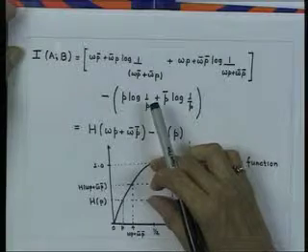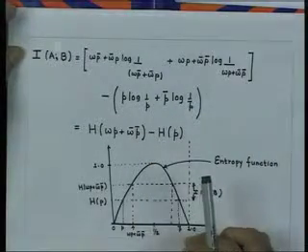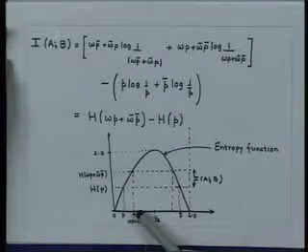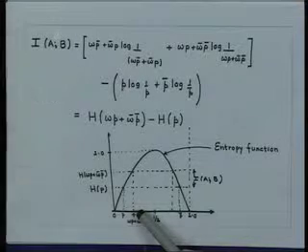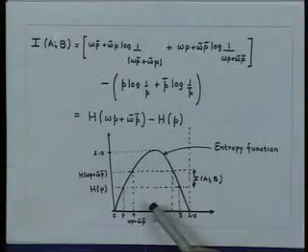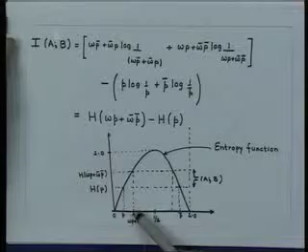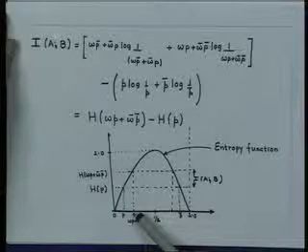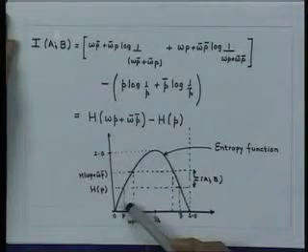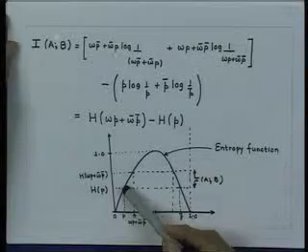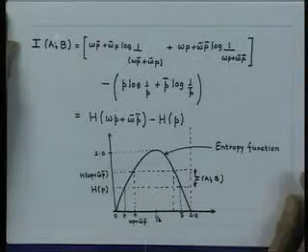This will be the value of mutual information. For ω equal to 0 or 1, on the other hand, the mutual information is 0.